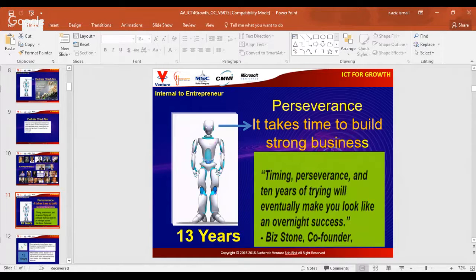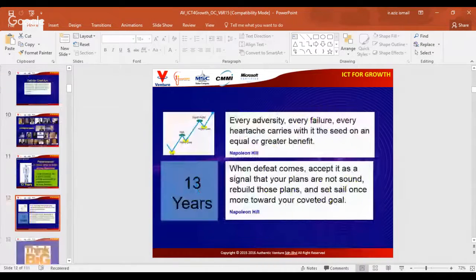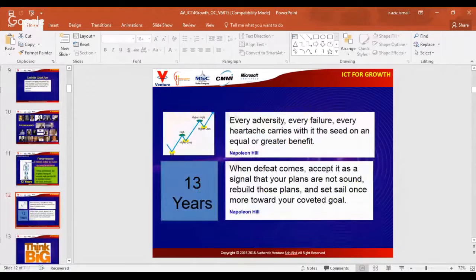And if you look at the progress, or if you look at yourself, for example, you go up, after that you hit something, you drop, after that you learn, you go up again, and then you hit something, you drop, and then you go up again. I mean, you are going to face this problem. Everybody will face it.